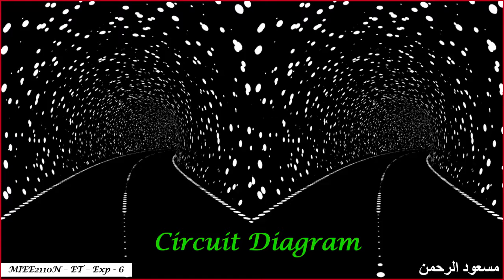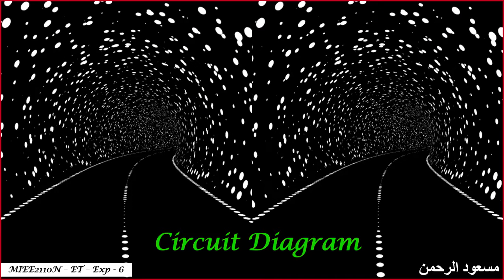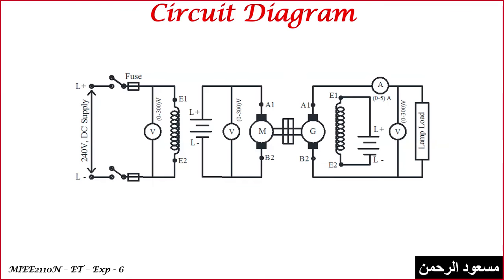For that we need a circuit diagram. So that circuit diagram is this one. Here you can see, this is the generator which we are going to check. There is no connection between the armature winding and the field winding of the generator.